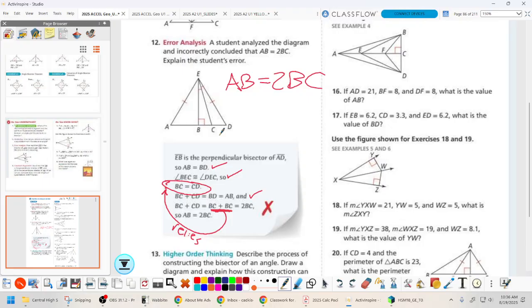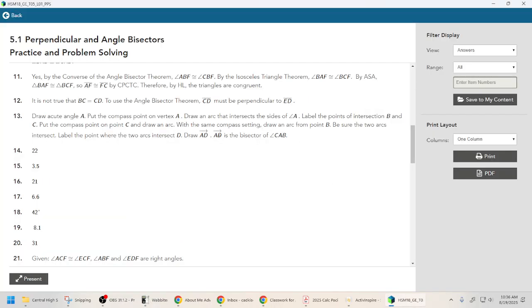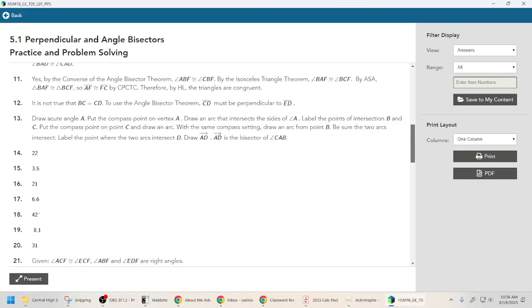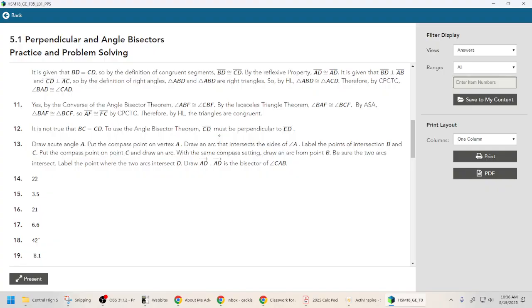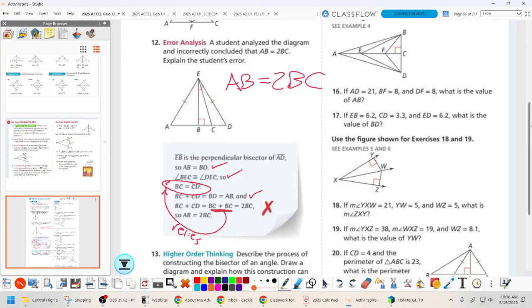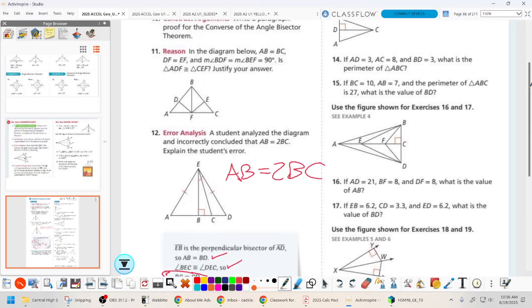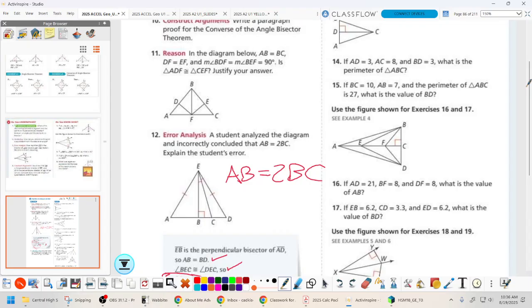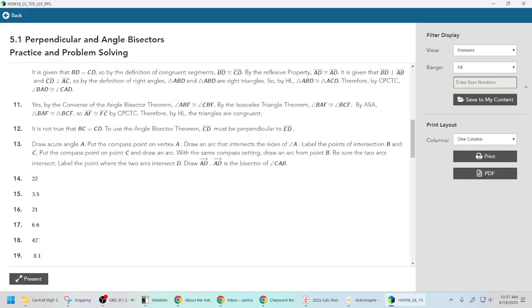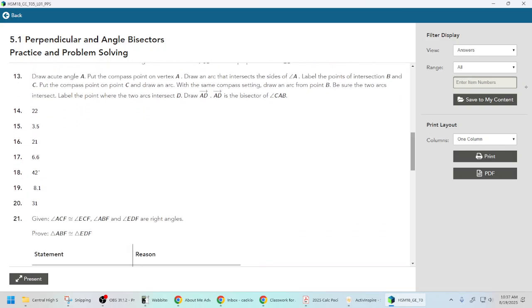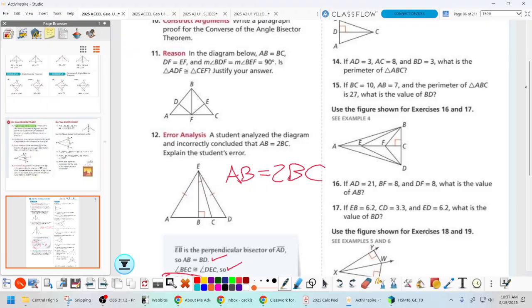Alright, so answers. We did 11. Did I give you 11? Okay. Yeah. So we needed the angle bisector theorem that we haven't talked about, so I'm sorry on that one. The answer is yes by the converse, but just ignore that one. And then we went over to 14, is that right?